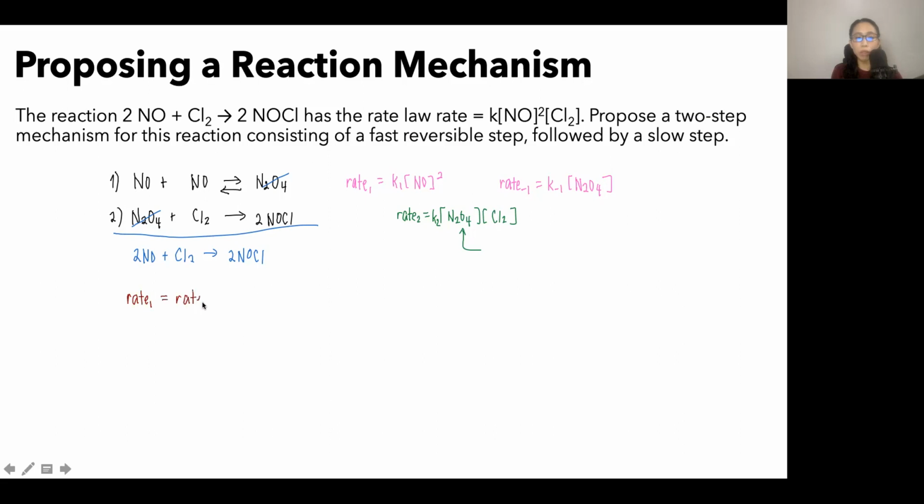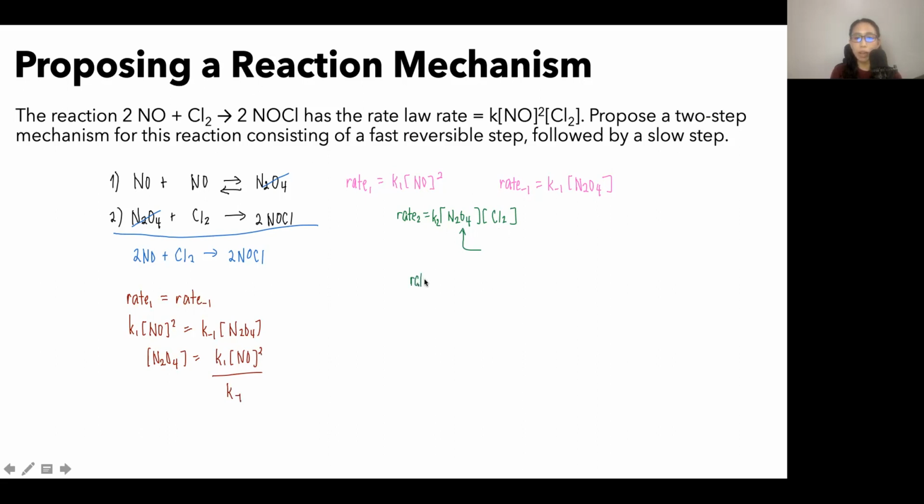Applying the equilibrium method, the rate of the forward reaction is equal to the rate of the backward reaction. So we have K1 times NO squared equals K-1 times N2O4. And then isolate the concentration for N2O4. You get K1 NO squared over K-1. And we substitute this for N2O4 here.